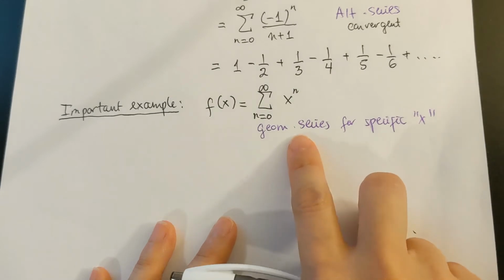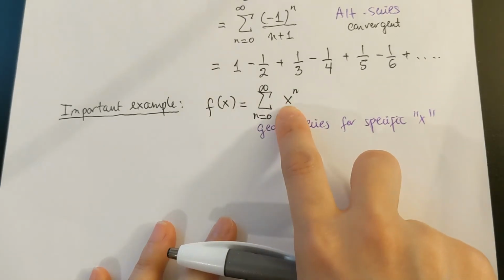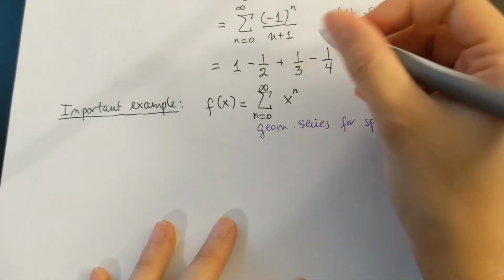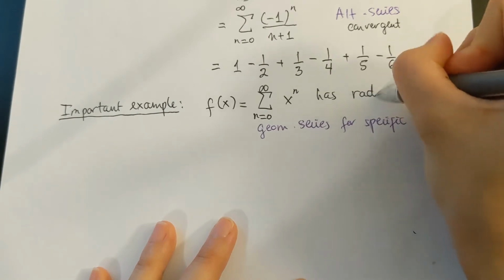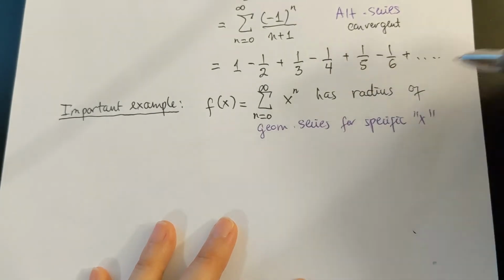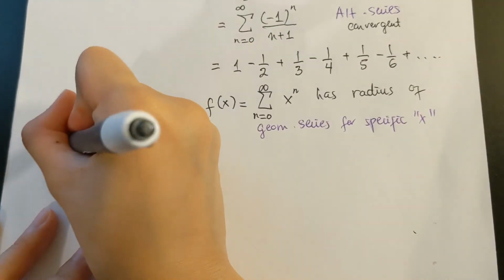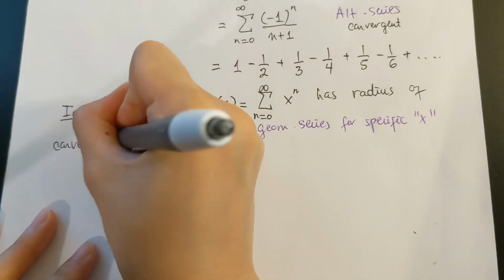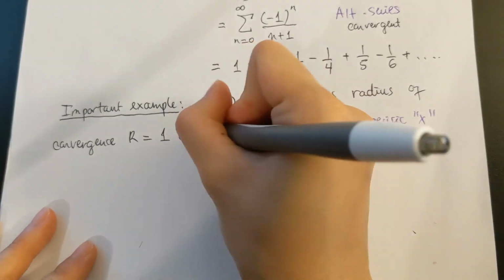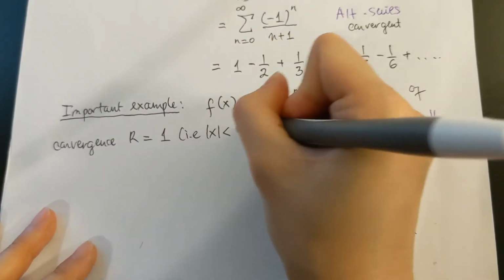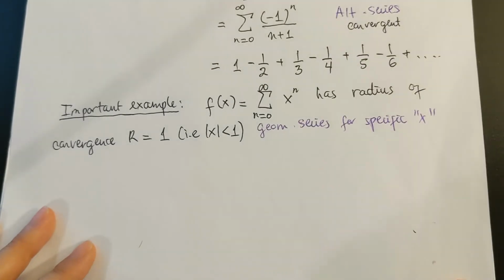So a geometric series converges as long as the common ratio is less than 1. So that means this power series has radius of convergence R to be 1. Okay. So this means that the magnitude of x has to be less than 1. Okay.